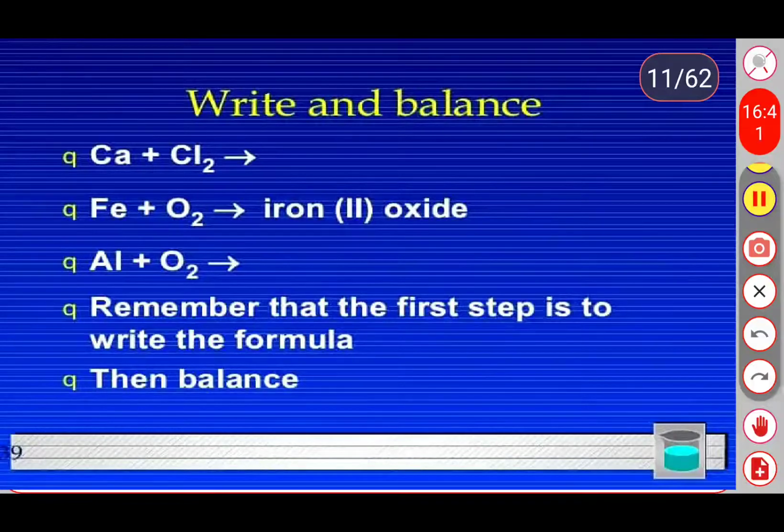Okay, see the first one. When calcium is combined with chlorine, what does it form? Calcium chloride, CaCl2. When calcium is combined with chlorine, it forms calcium chloride.